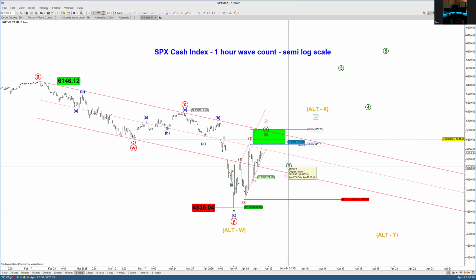Look at how the CPI print came out lower. The PPI print came out negative yesterday. I was shocked. I looked at the print and I was like, wow, that was a huge print, looking at the core PPI and things like this.